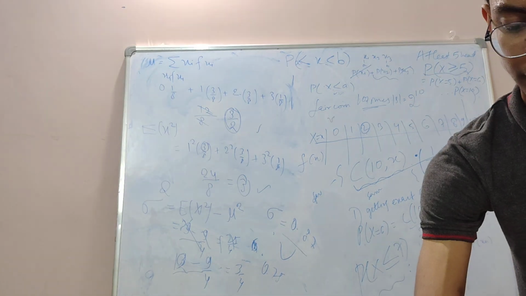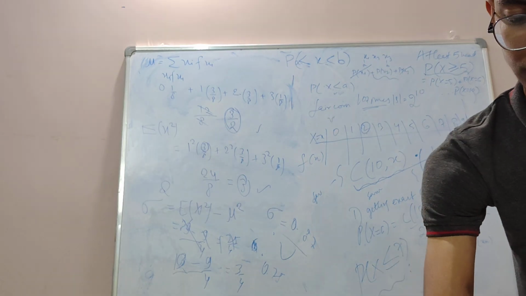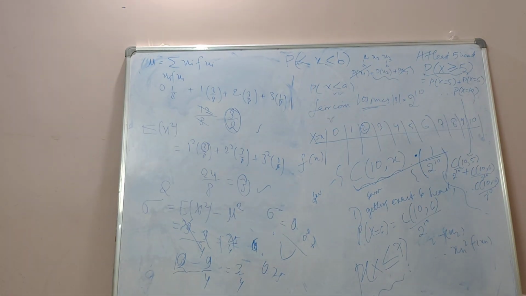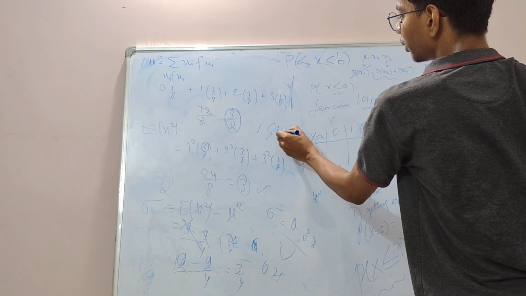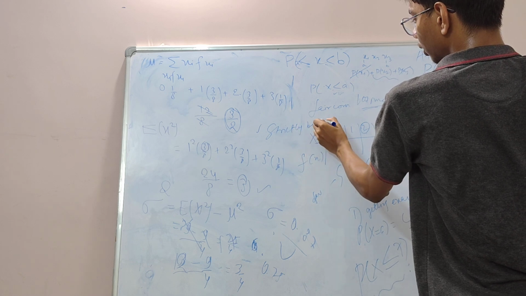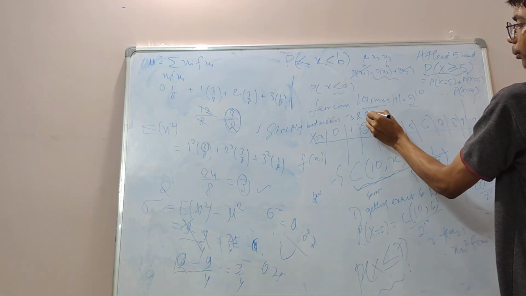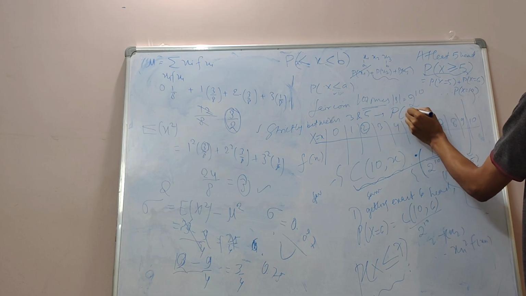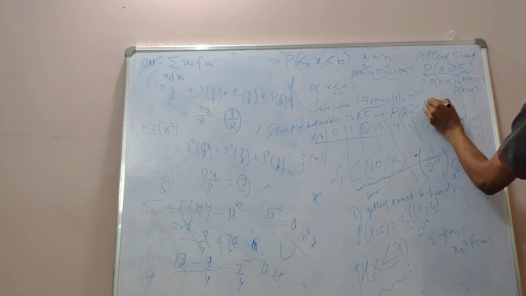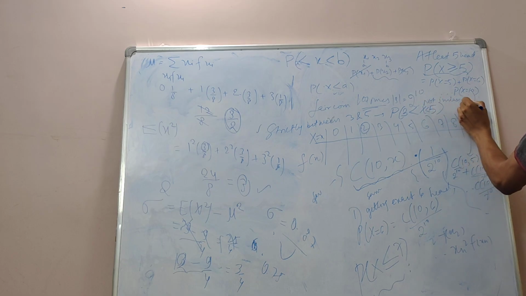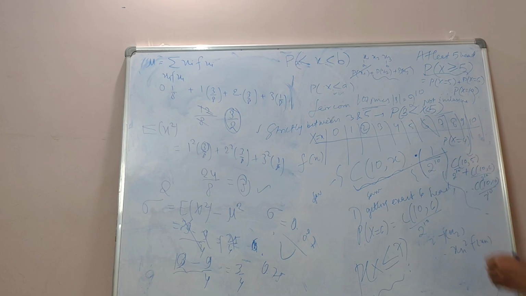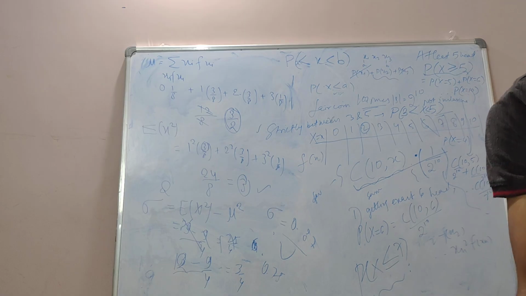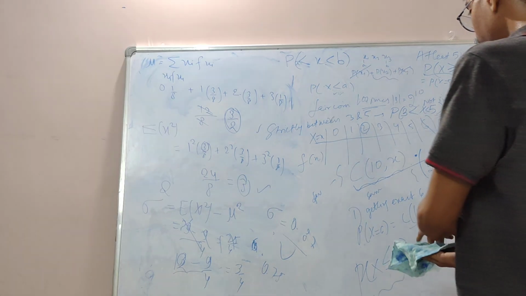And if it asks strictly between 3 and 5, it will be probability of x from 3 to 5, not inclusive, right? So this will be probability of x equal to 4, because we have excluded 3 and 5, right? Now I am erasing this.